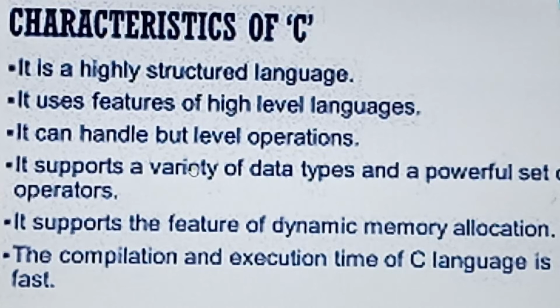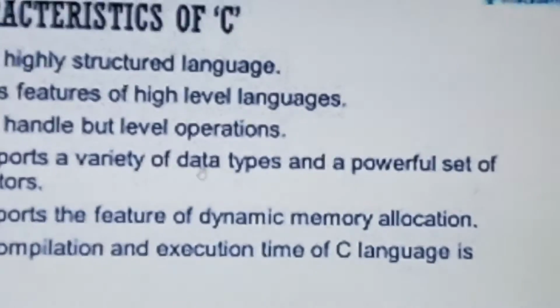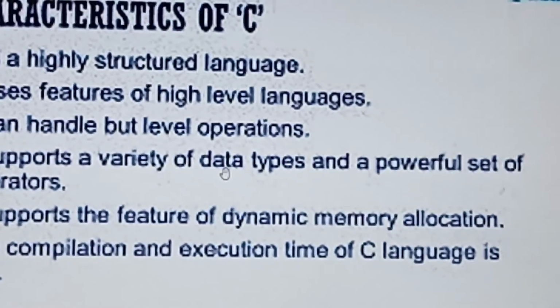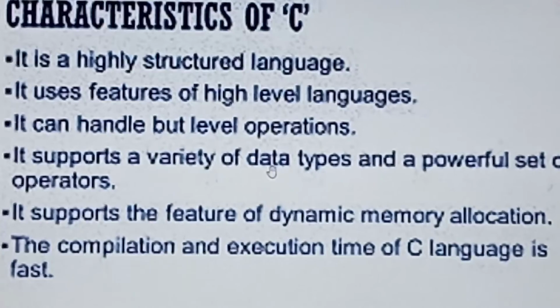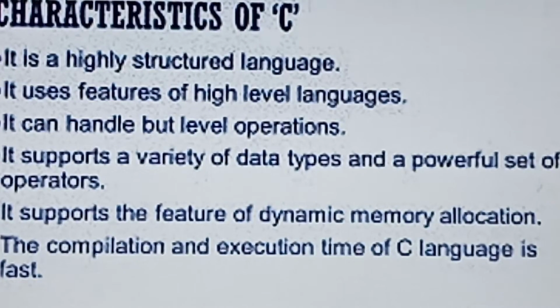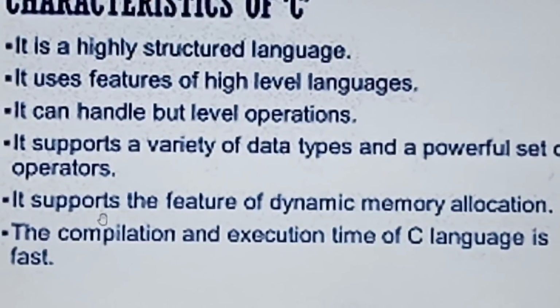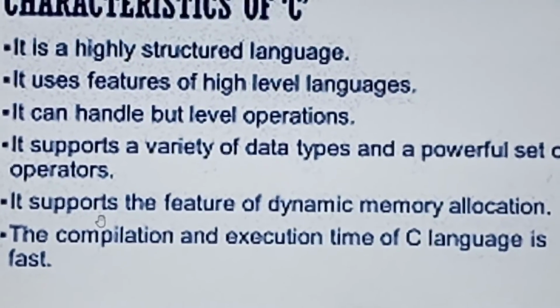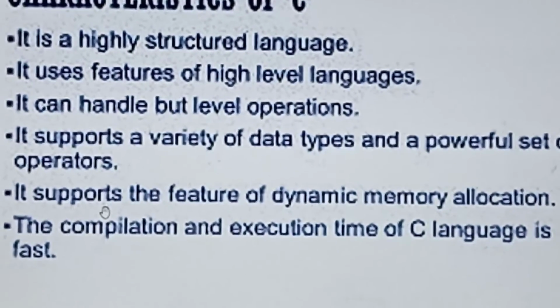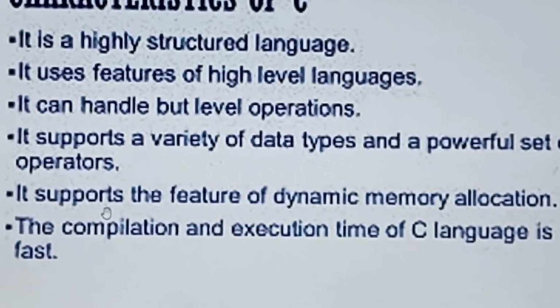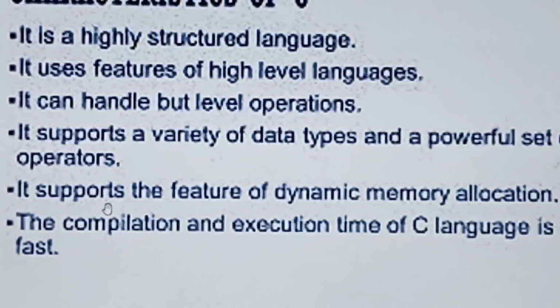Number 4, it supports a variety of data types and powerful set of operations. Number 5, it support of dynamic memory allocation. And last, the completion and execution time of C language is fast.